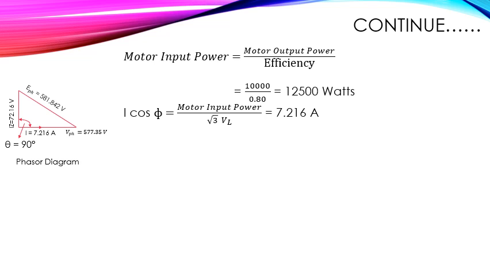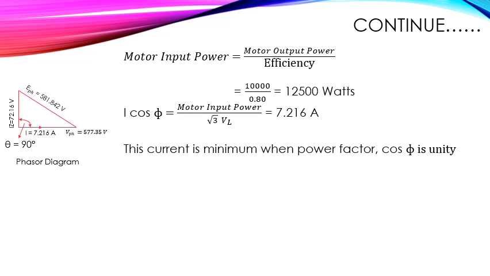So we will get I cos phi as 7.216 amperes, and this current is minimum when power factor is unity. With unity power factor, we can say that I is equal to I cos phi.